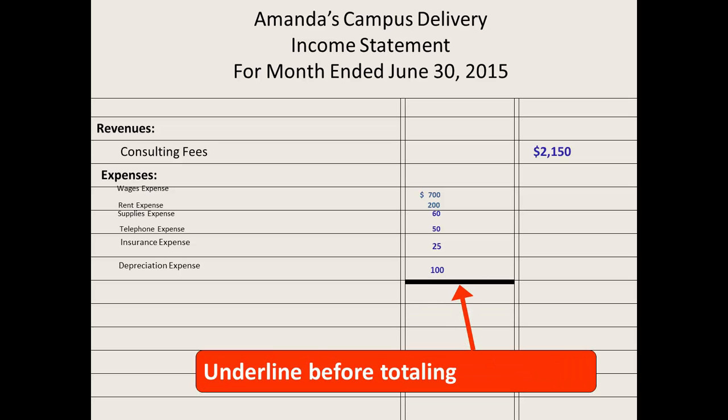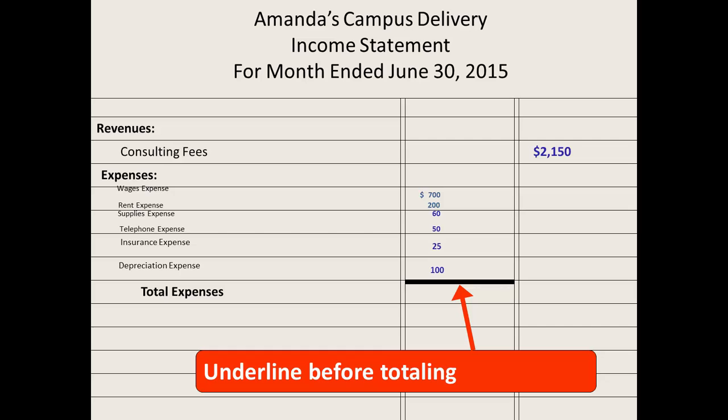Now I'm going to put an underline because I'm going to total up those numbers. Those numbers are all in the left column, the detail column, and I'm going to have to add those numbers up, so I put an underline underneath there. Then I put the word total, and whatever is above that section, which is the word expenses, total expenses.